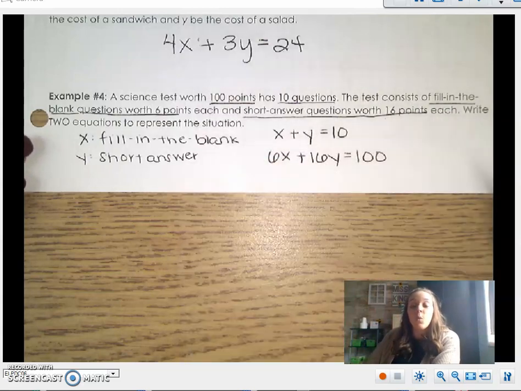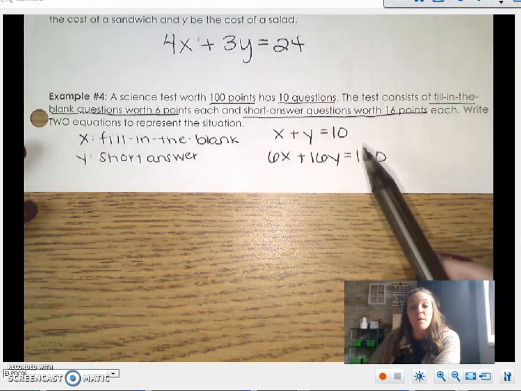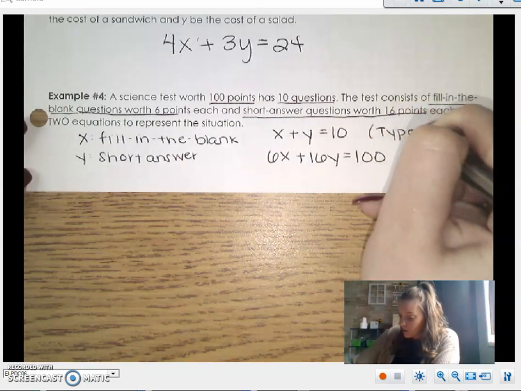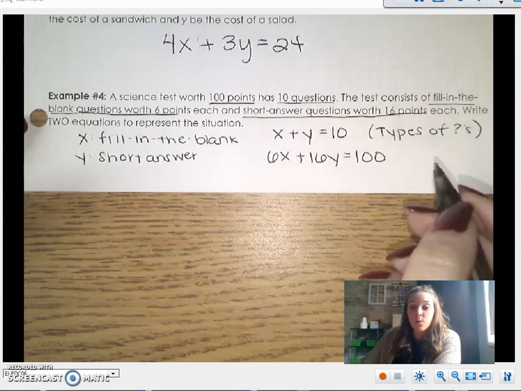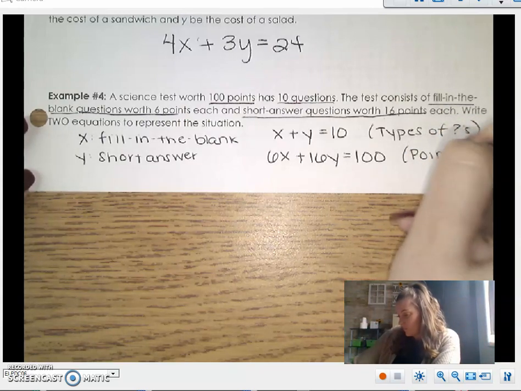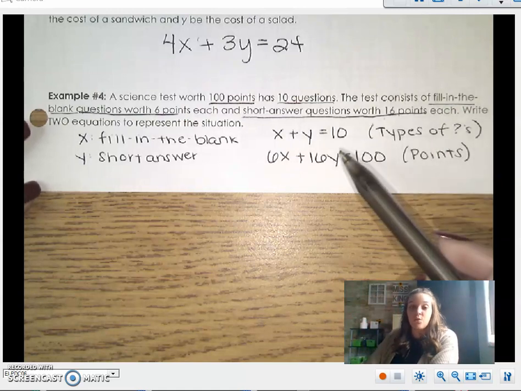So in this one problem, there's 2 different equations you could write. You could write an equation about the types of questions, or you could write an equation about the point distribution. Both of these equations are correct.